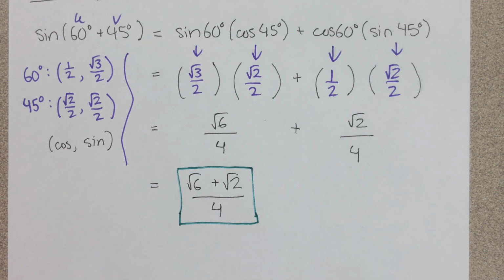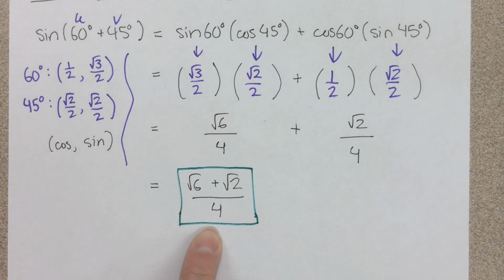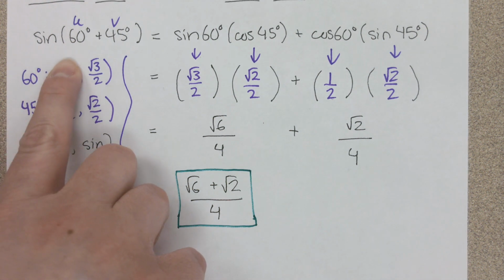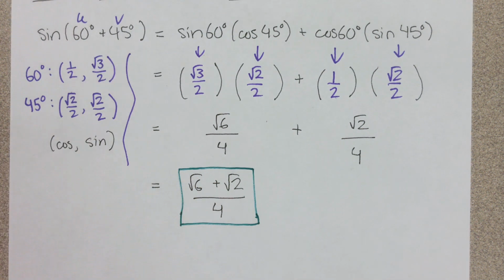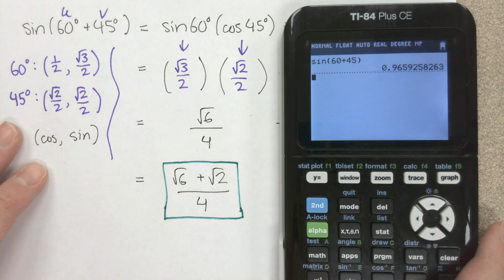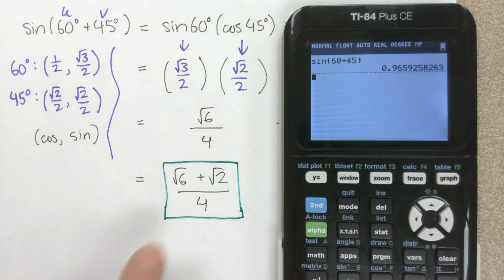Here's the best part, and you will be able to do this on the majority of the test. You can actually verify that this is correct. If you plug this into your calculator, it should match the same thing as when you plug in the original problem, sine of 60 plus 45. So I've already plugged in sine of 60 plus 45, and then when I type this in, I'll get the exact same decimal.